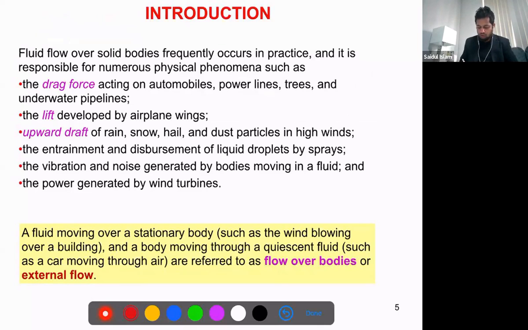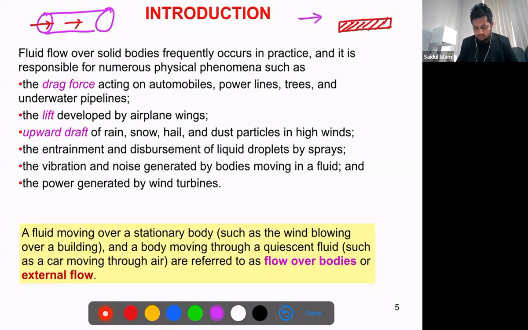Flow. So simply, internal flow means the flow will go inside the pipe. External flow could be two things. Let's say this is a flat plate, and the fluid is flowing in these directions.